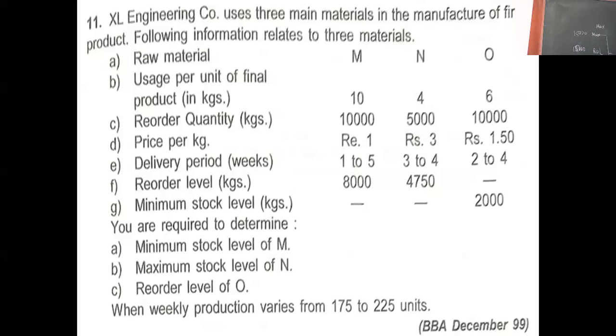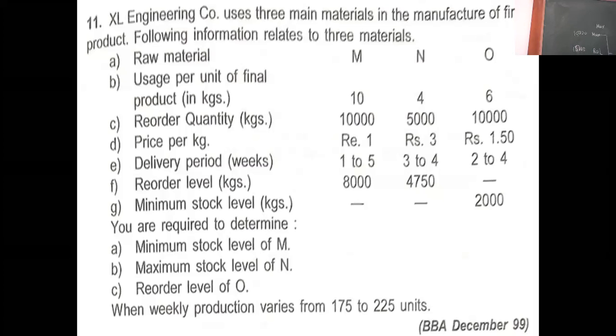Then the reorder level is given for M, N, and O is not given. Then minimum stock level is given for the O. Then you are required to calculate minimum stock level for M, maximum stock level for N, ROL for O. These are the three questions asked to you people.